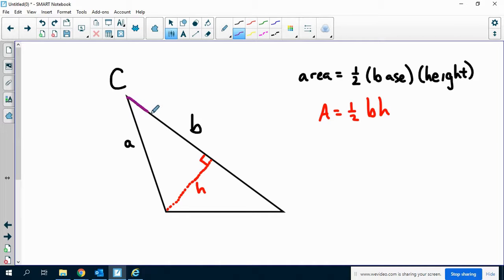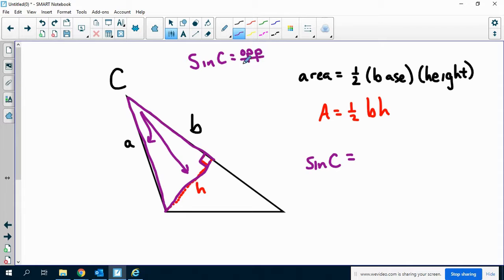And so if I look at this as a separate triangle, now I have a right angle, and I can tell that if this is a right triangle, the sine of C is equal to H over A, because remember, sine of an angle is opposite over hypotenuse from SOHCAHTOA.